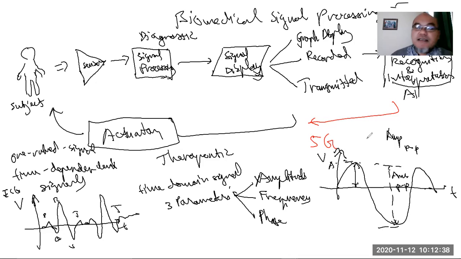The second parameter is the frequency. It shows how many times the signal repeats itself every second. For example, if you have a sinusoid like this, this peak is repeating itself here. Basically, the period is when it forms a single full wave.